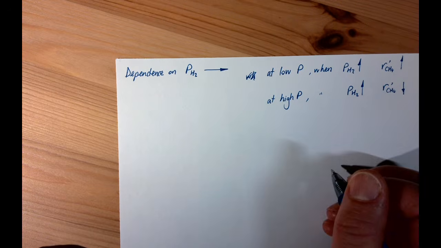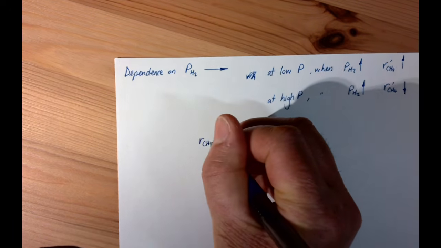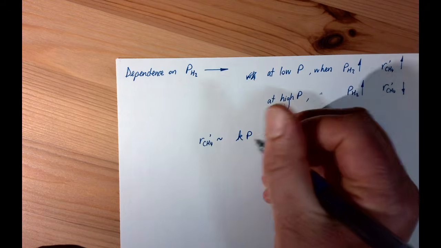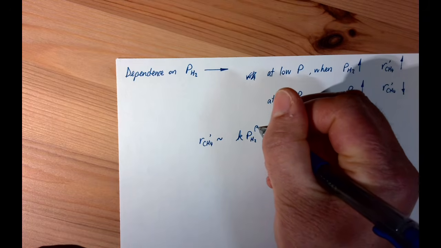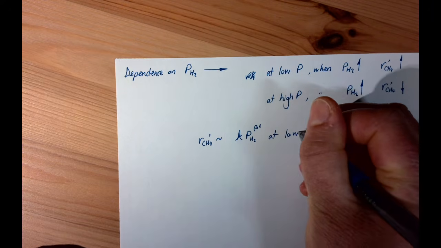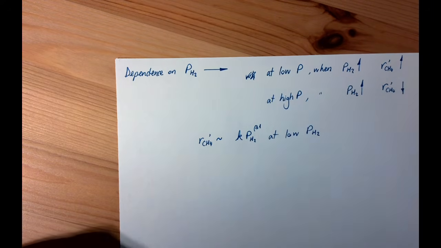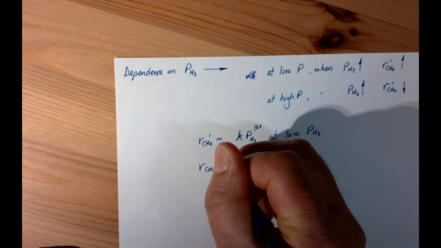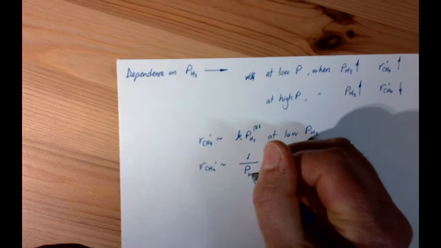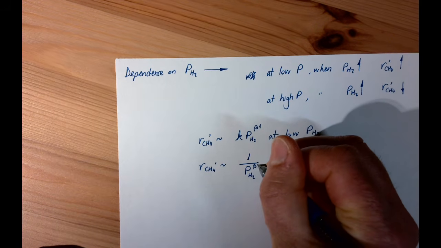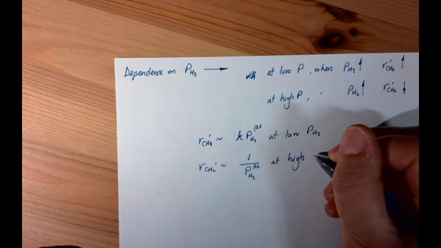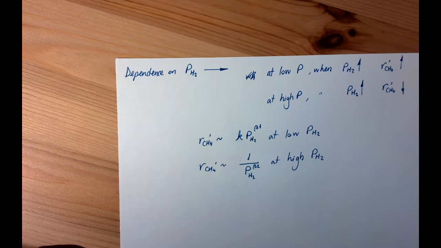So this can be represented as RCH4 prime is k times the partial pressure of hydrogen to the power of beta 1 at low partial pressure of hydrogen, and the rate is 1 over pH to the power of beta 2 at high partial pressure of hydrogen.